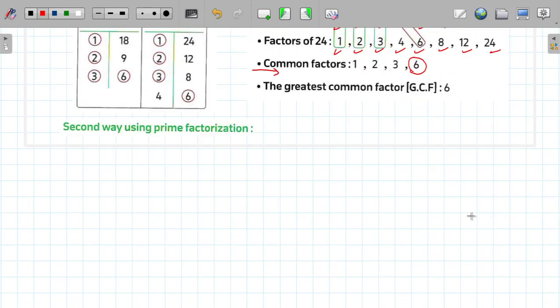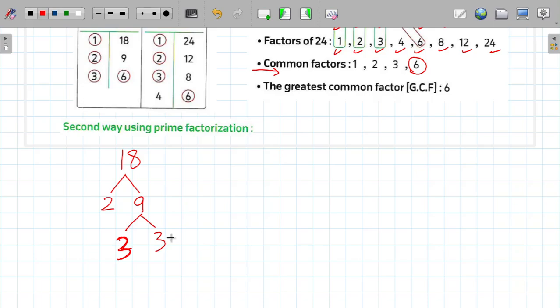We can use the prime factorization for the two numbers and find the greatest common factor. So listen to me carefully at this point. So I will factorize the first number here, 18. So 18 equals 2 by 9 and 9 equals 3 by 3.